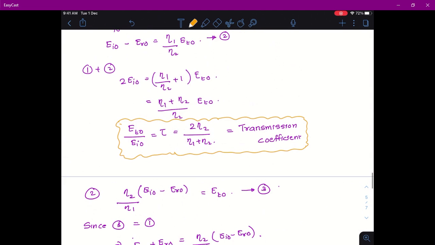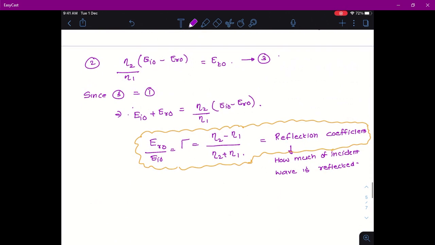Similarly, the transmission coefficient actually gives you how much of the incident wave is transmitted.